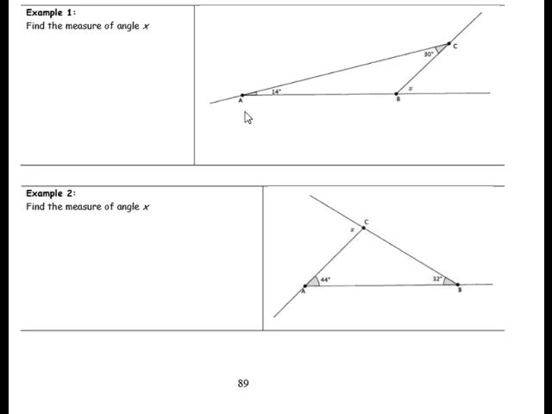So again, we know that x is the exterior angle, and we know that it is equal to the sum of the related remote interiors. So that would be 14 plus 30. So the measure of angle x is 44 degrees.